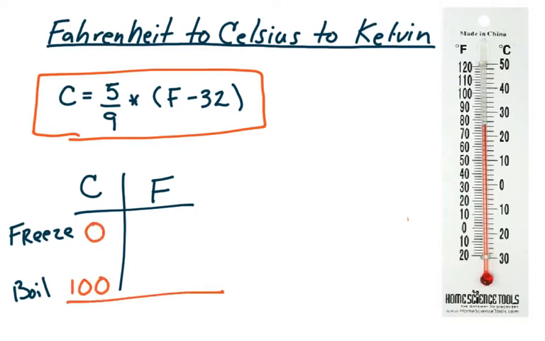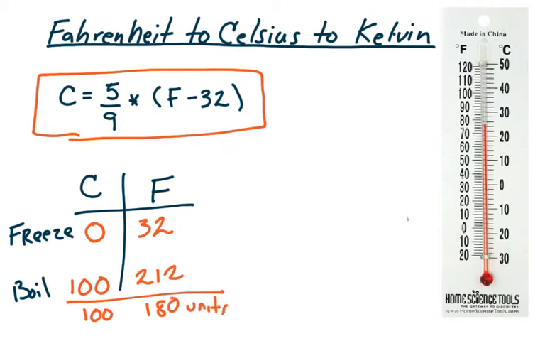So the difference from boiling to freezing is 100 units. Okay? And Fahrenheit starts at 32. Its freezing point of water is 32. And its boiling point of water is 212. So the difference in those units between boiling and freezing is 180 units.